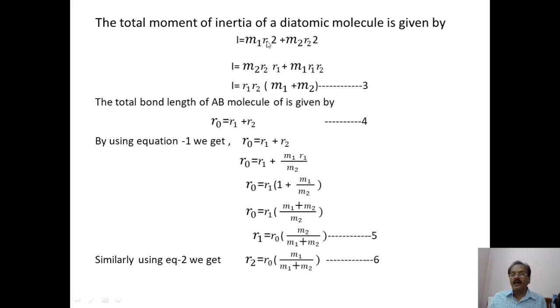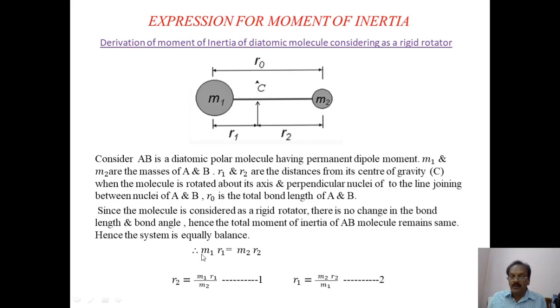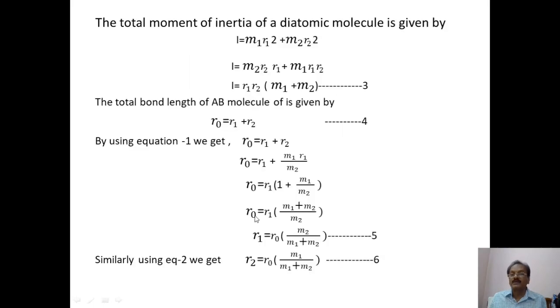Now observe this M1 R1 squared, you can split R1 squared as R1 into R1, so M1 R1 R1. From the previous relation, M1 R1 is equal to M2 R2. So keeping M2 R2 and the other R1 as it is, plus you can split R2 squared as R2 into R2, and M2 R2 is equal to M1 R1 into R2.